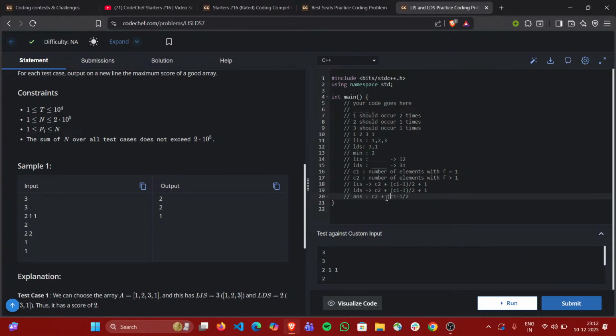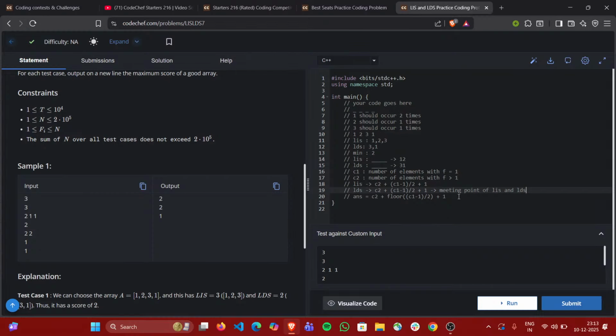Is it clear? It will be floor of this thing. And then plus 1 for the meeting point. What is this one? One is the meeting point of LIS and LDS.